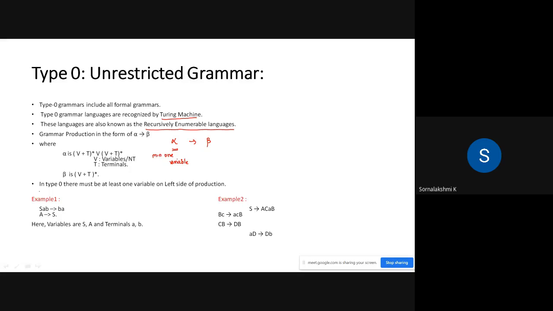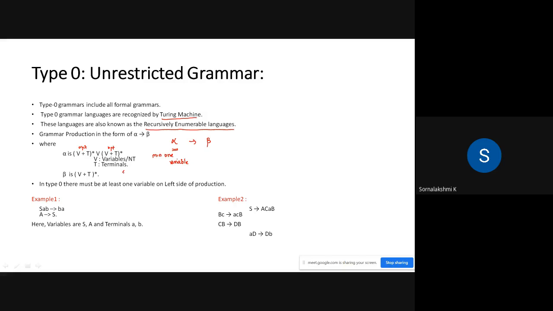So what does this mean? Terminals or non-terminals can occur 0 or more times, then a non-terminal or variable, then variables, non-terminals or terminals can occur 0 or more times. So these two parts are optional and this is mandatory. Definitely the left-hand side should have a variable, and the right-hand side is completely optional, with 0 or more occurrences of terminal and non-terminal symbols.